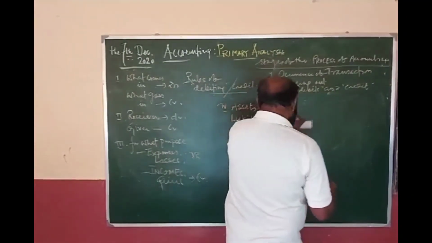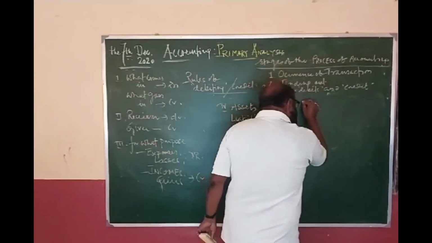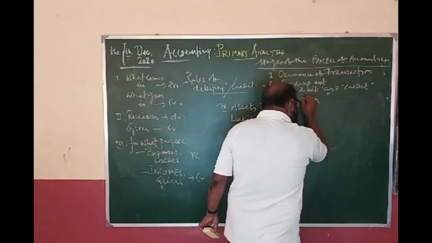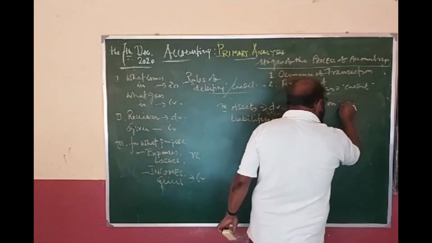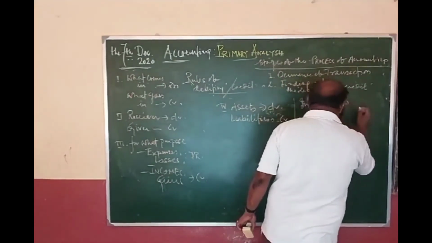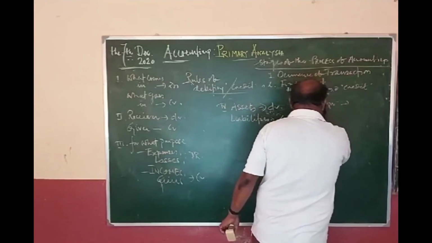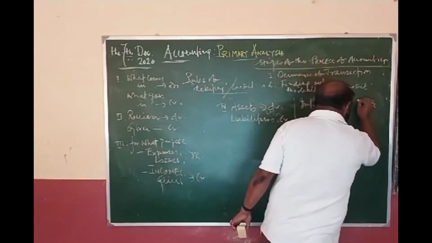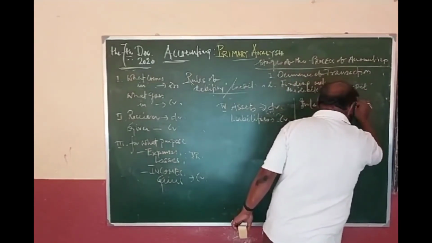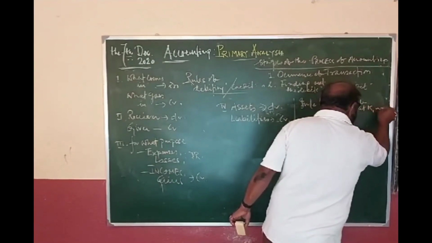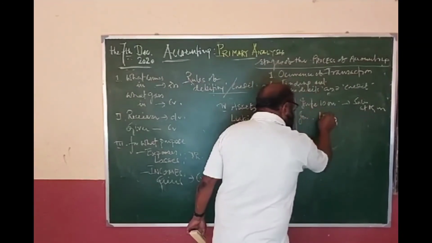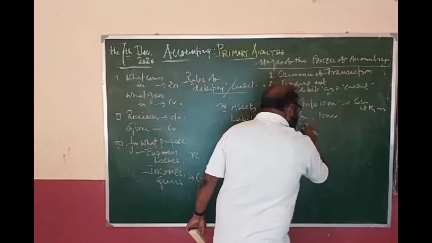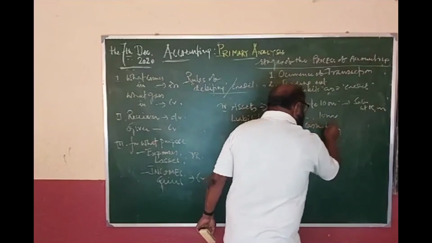I am purchasing jute for rupees 10,000, and I am selling those jute at rupees 15,000. What happens? Jute is debited, jute 10,000, cash credit, cash 10,000.